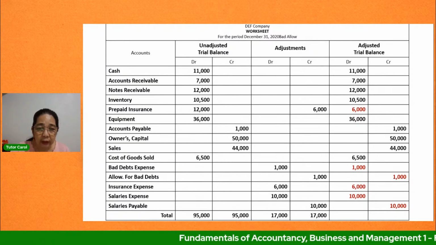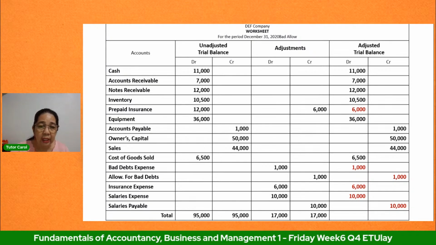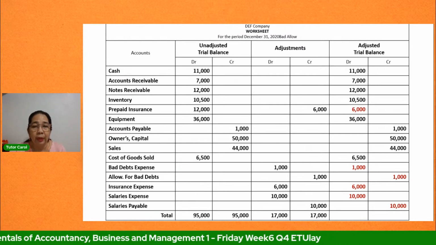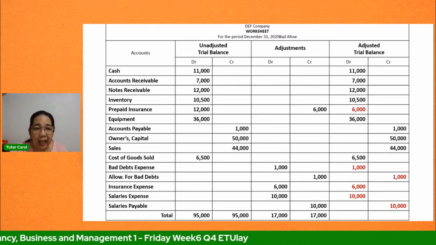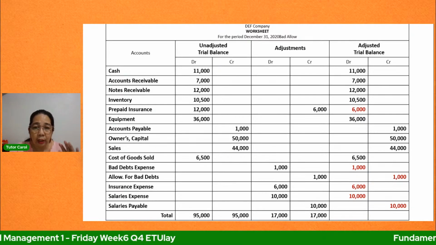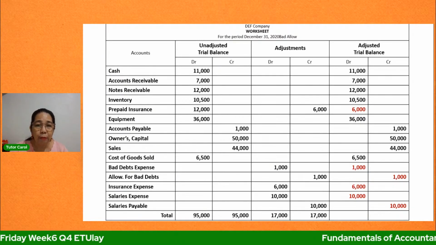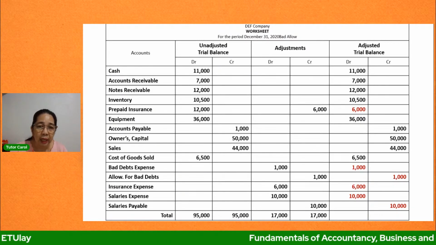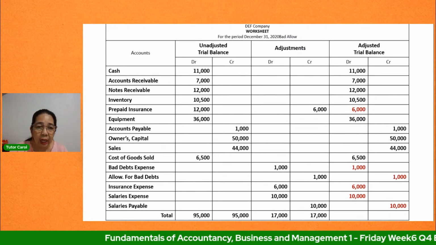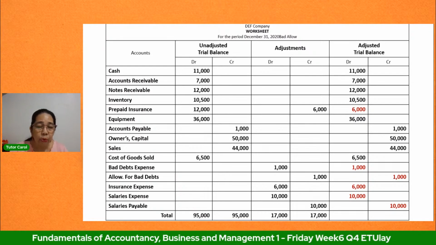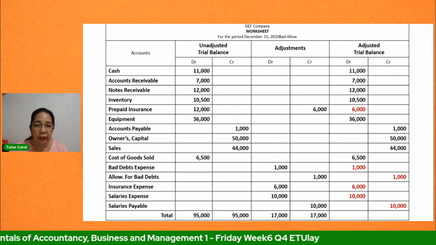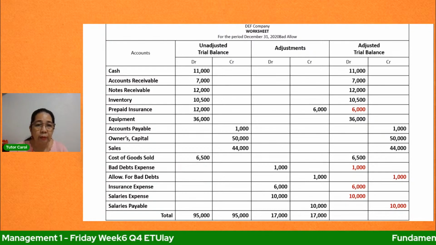Ngayon, sa adjusted trial balance, copy-paste mo lang. Yung hindi not affected, the accounts not affected by the adjustment, you just copy and paste, okay, the amount, like cash, in black ink, lahat ng naka-black ink, not affected by the adjustment. So, isulat mo lang lahat yan. So, cash, accounts receivable, notes receivable, inventory, okay, copy mo lang sa debit, lagay mo sa debit.